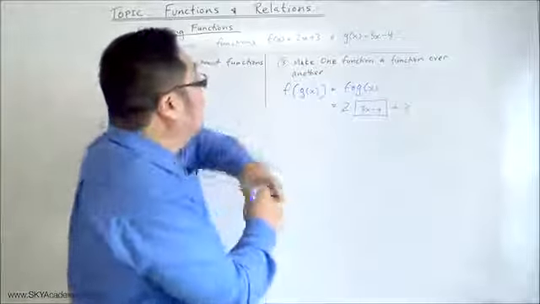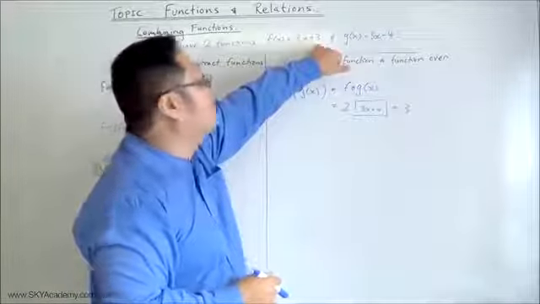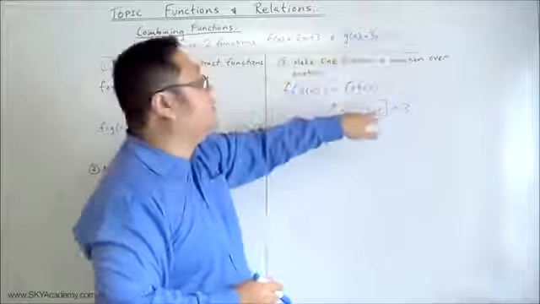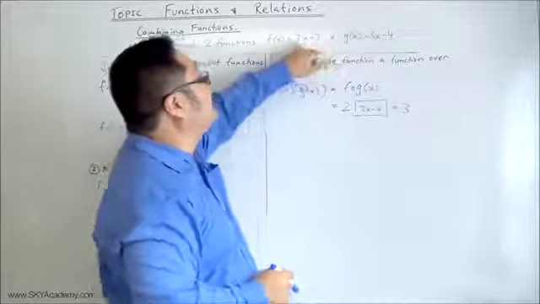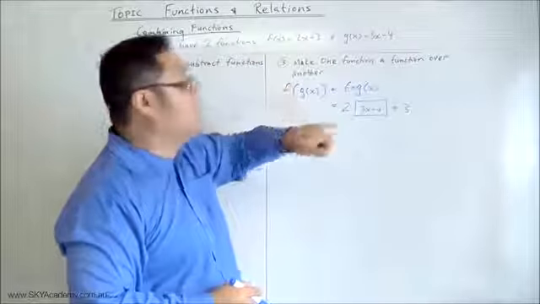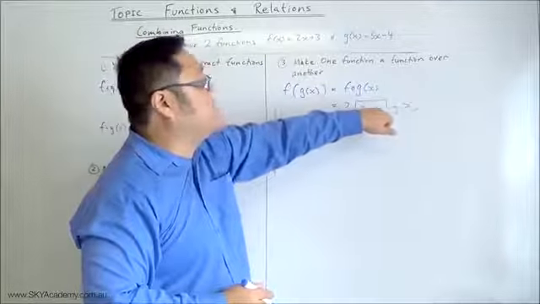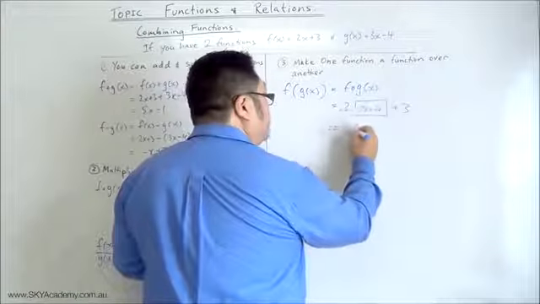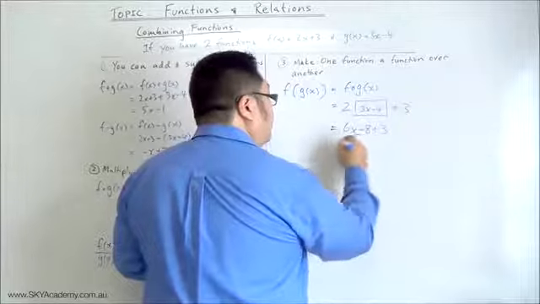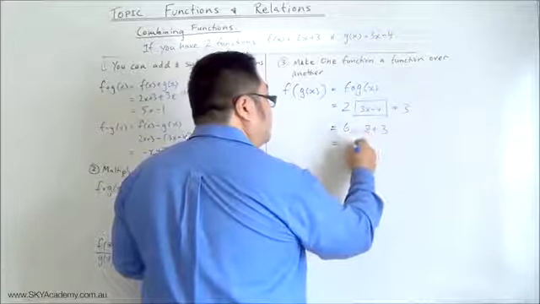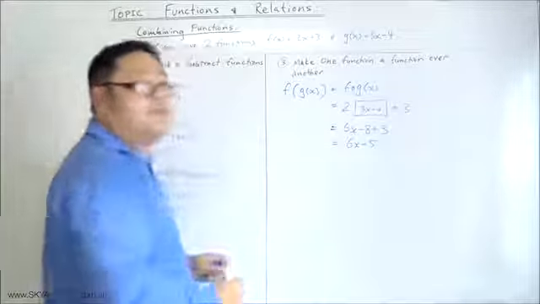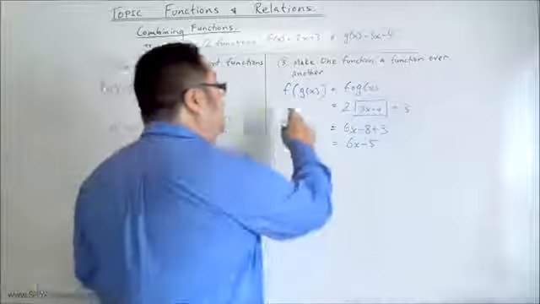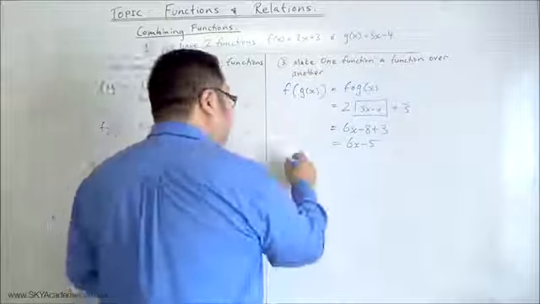See how f of x is 2x plus 3? What you're doing is replacing x with the 3x minus 4. So you're putting that inside the x. Got that? So you end up with 2 outside of 3x minus 4 plus 3, which gives you 6x minus 8 plus 3, which is 6x minus 5.